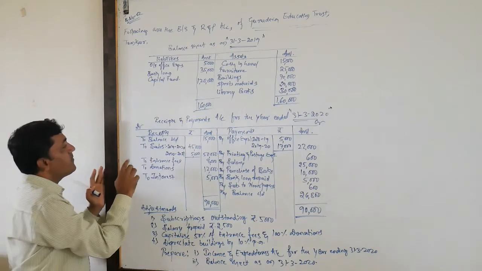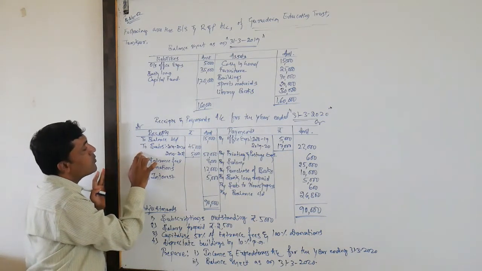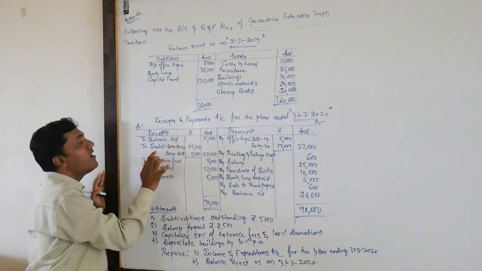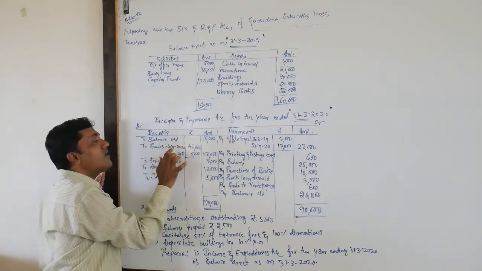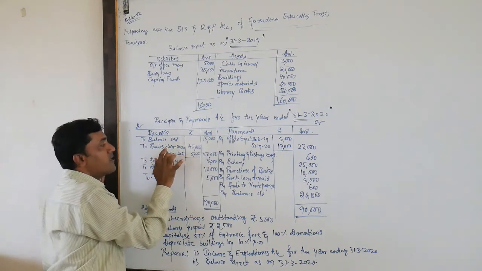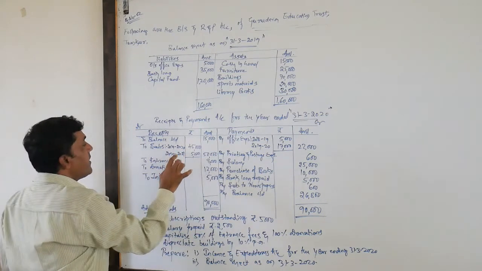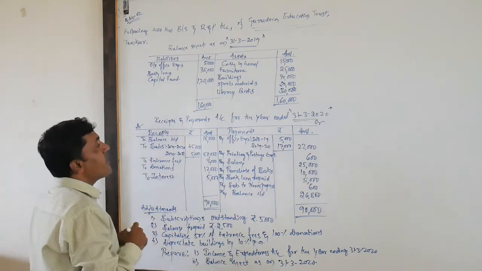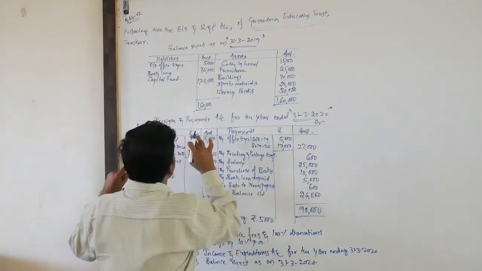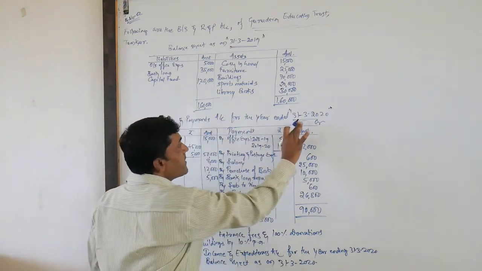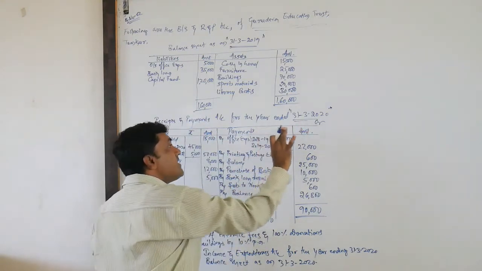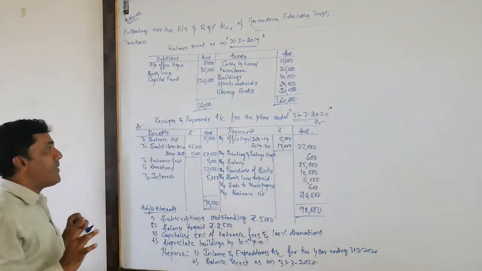Dear students, secondly, they have provided subscription for the years 2019 and 2020. Financial year 2019-20 means this is the current year. So here we need to concentrate on the date of the receipts and payments account, that is 31st March 2020. This is the current year closing balance.